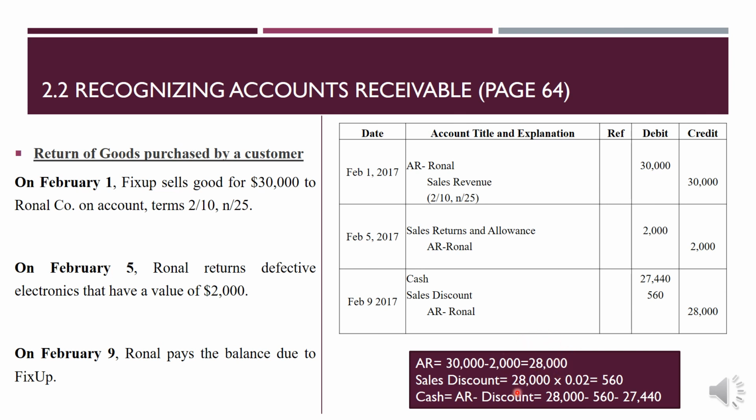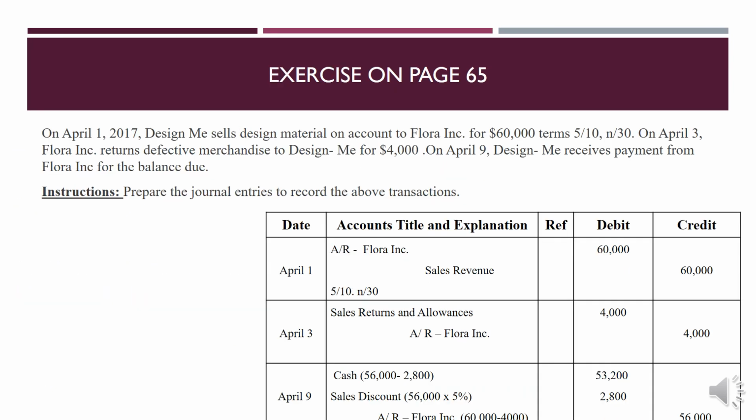So the sales discount is $28,000 times 0.02. We have $560, and so the cash will be $28,000 minus $560. It will be $27,440. Okay. Exercise on page 65. This is the exercise, and this is the solution for it.